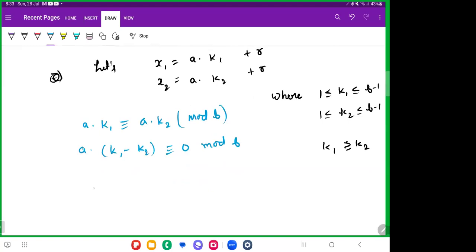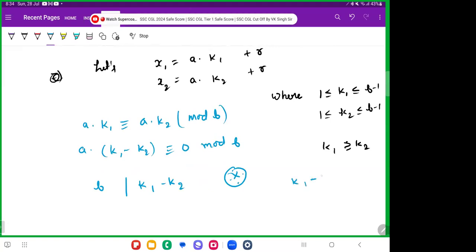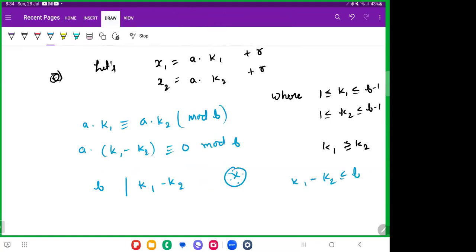So that means b divides a times k1 minus k2. Since b and a are co-prime, b divides k1 minus k2. This is a contradiction by Euclid's lemma, since k1 minus k2 is less than b. So b is strictly less than b, which is a contradiction.